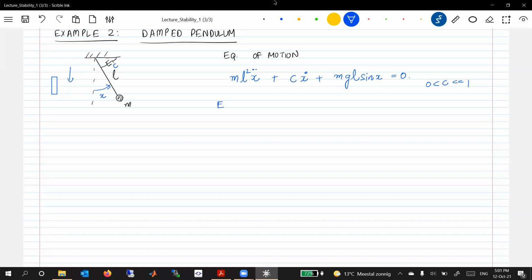So there's a notion of energy that we can define for this system, which is kinetic energy plus potential energy.